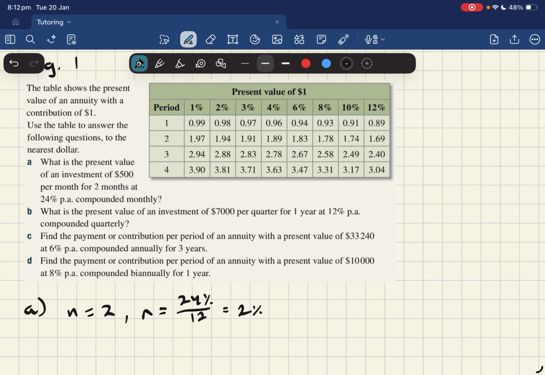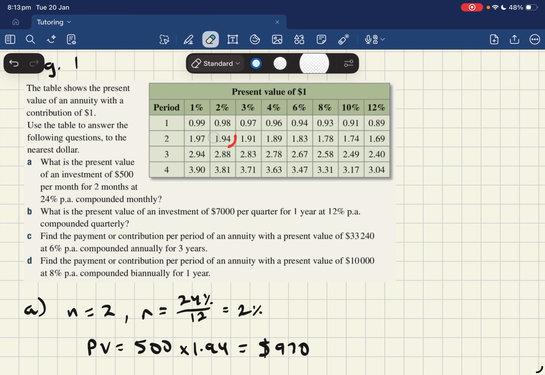So we want to find the intersection of 2 and 2. That's going to be 1.94. So our present value is going to be 500 multiplied by 1.94. And this gives us $970.